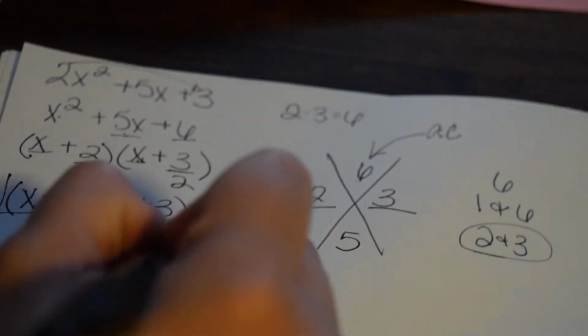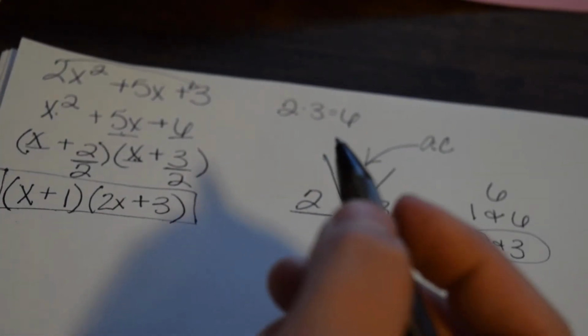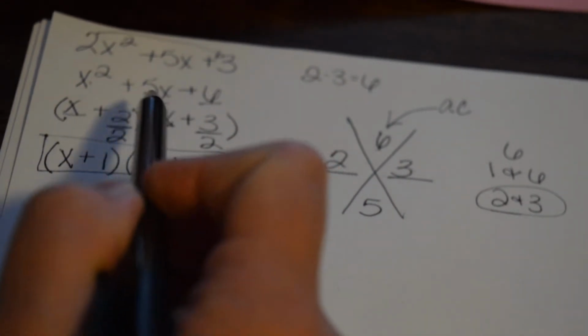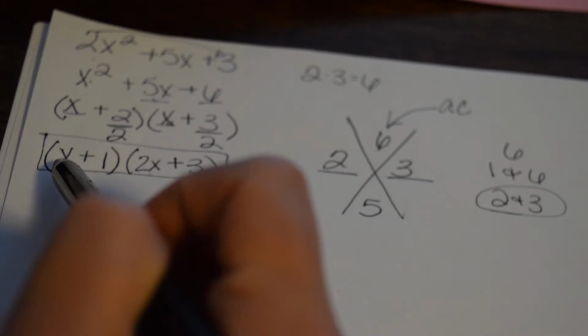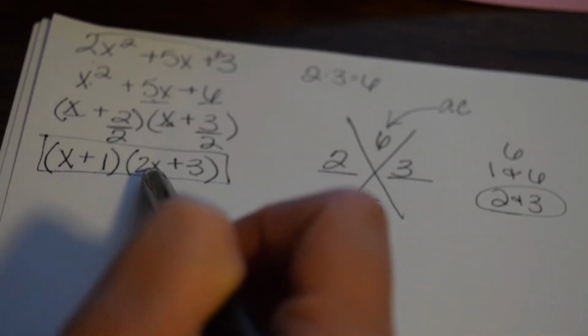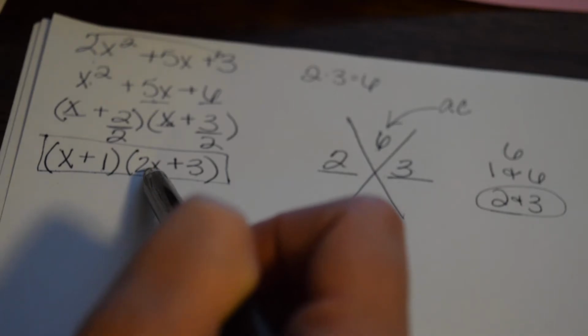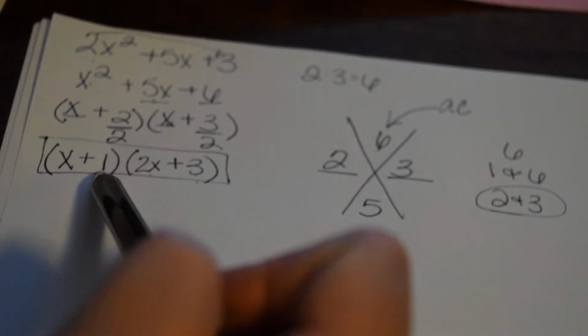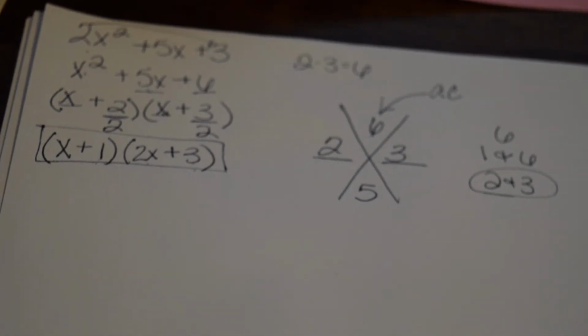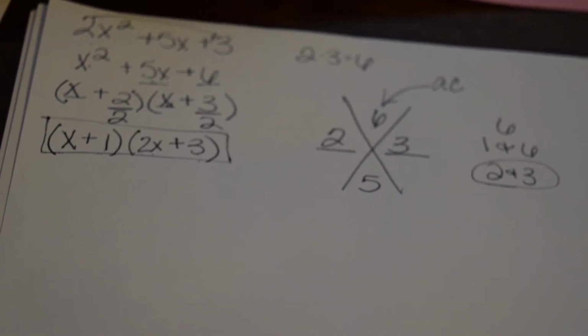So this is your factored trinomial. If you were to check it, you would say x times 2x is 2x squared, x times 3 is 3x, 1 times 2 is 2x, and when you combine those you get 5x, and then 3 times 1 is 3. So we know we have factored our trinomial appropriately.